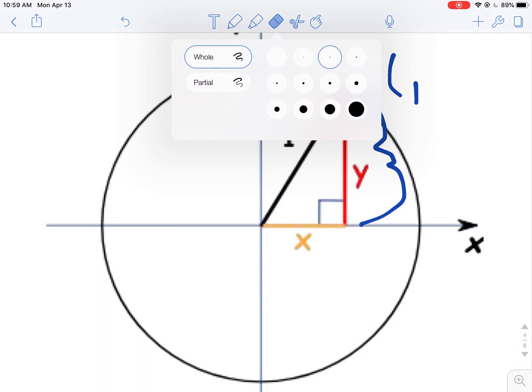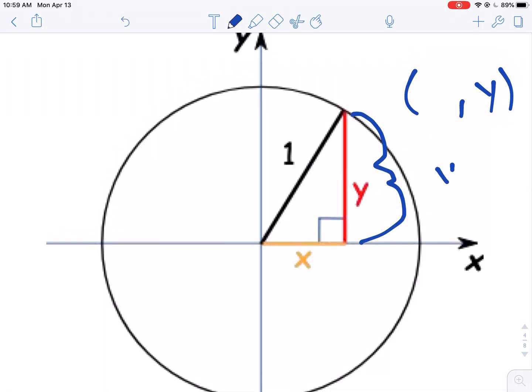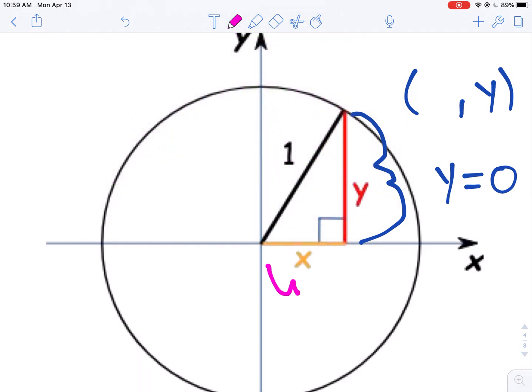Whatever the height of my triangle is, that is my y. And what that allows me to say is that the y value of my coordinate is going to be equal to my opposite side. Just like down here, I've got a width, a base of x. And that is going to end up corresponding with the point x on the circumference.